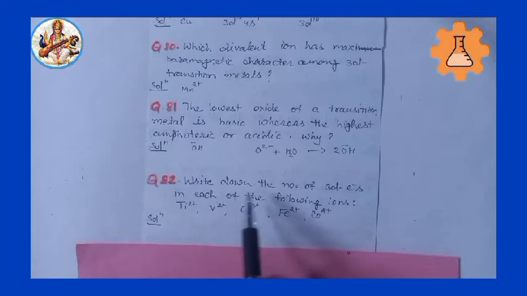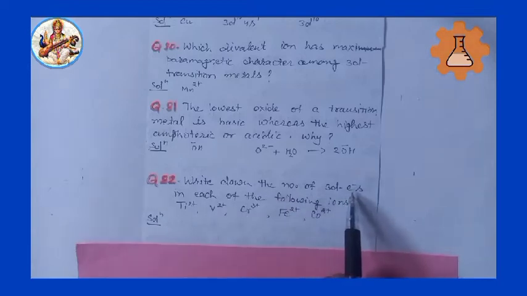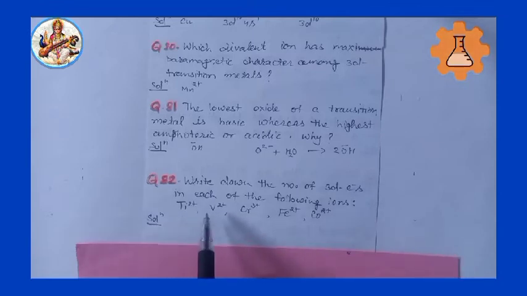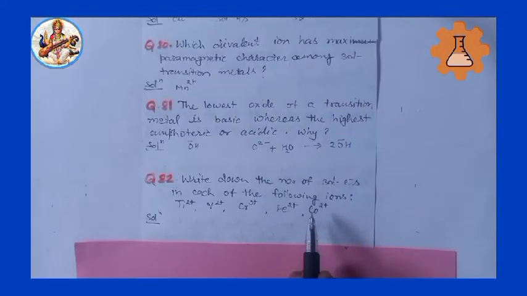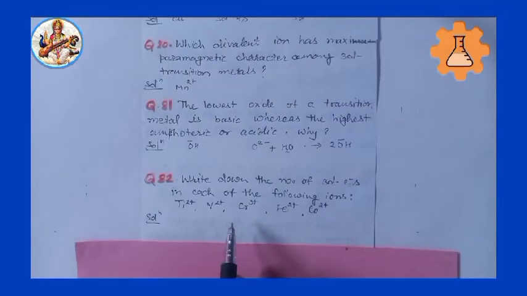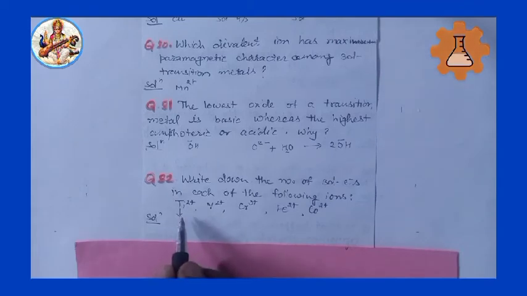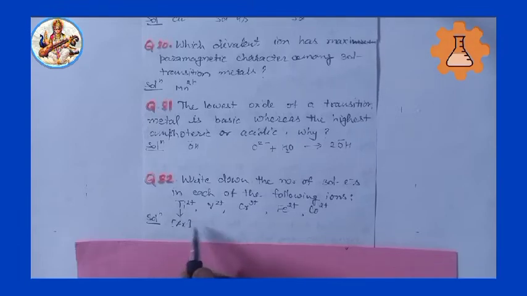Next, 82. Write down the number of 3d electrons in each of the following ions: titanium 2+, vanadium 2+, chromium 3+, Fe2+, cobalt 2+. The answer will be: the electronic configuration of the titanium 2+ ion is argon 3d2 4s0.